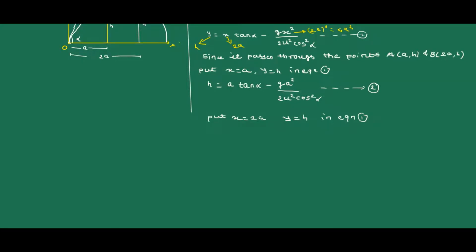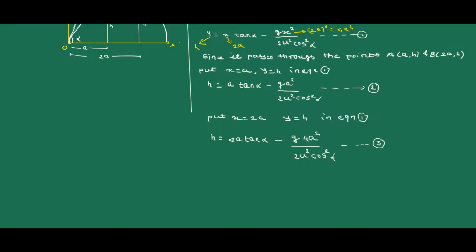Therefore equation 1 becomes h is equal to 2a tan alpha minus g into 4a square divided by 2u square cos square alpha. Say this is equation number 3.